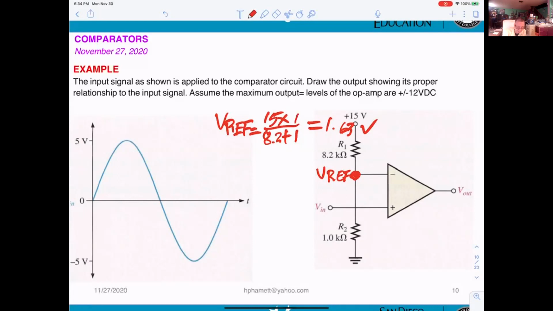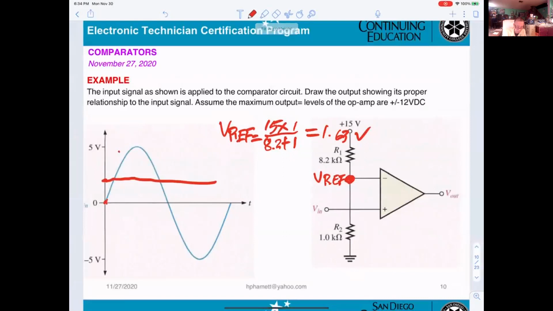So this is 0 here, 5 on here. I can get any point here that will be 1.63 volts. So the first thing, when input is 0 up to 1.63.